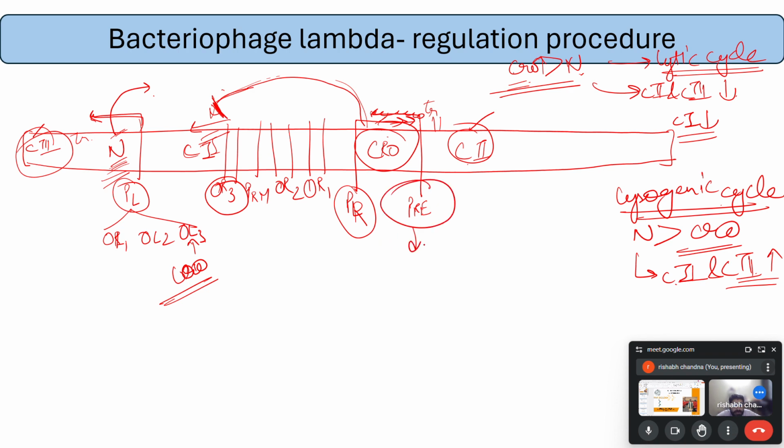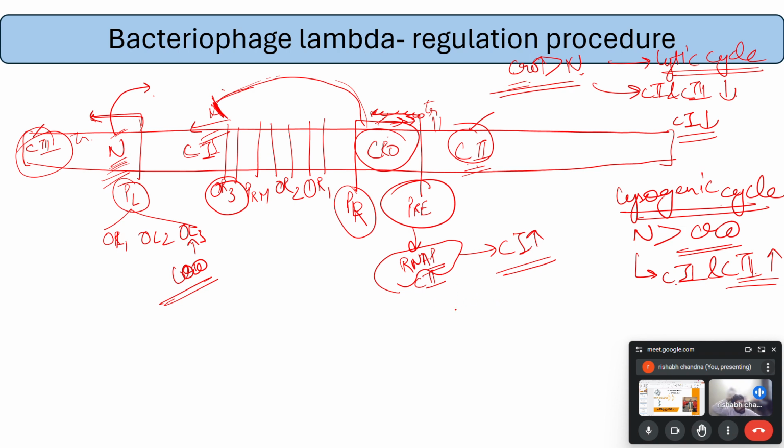So here RNA polymerase comes and binds PRE, and C2 is basically an activator of the RNA polymerase. RNA polymerase cannot transcribe the C1 transcript without C2. So it will bind with RNA polymerase and allow the transcription of C1.